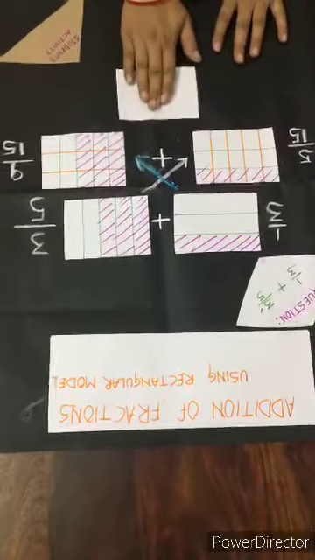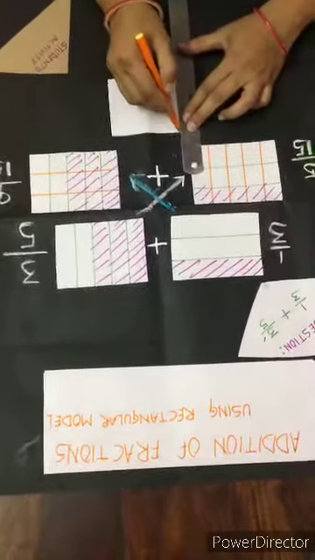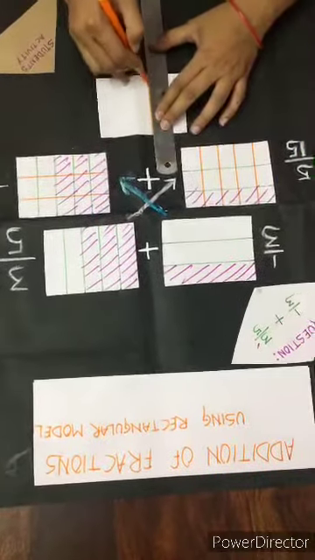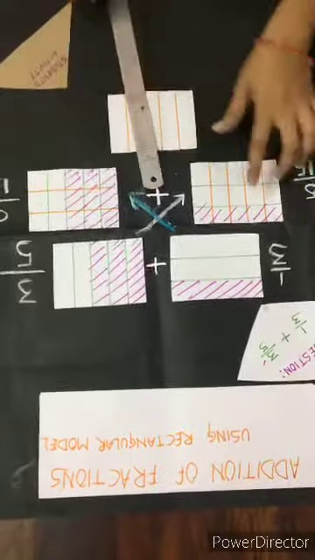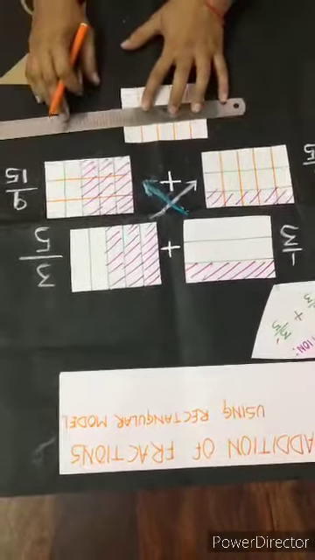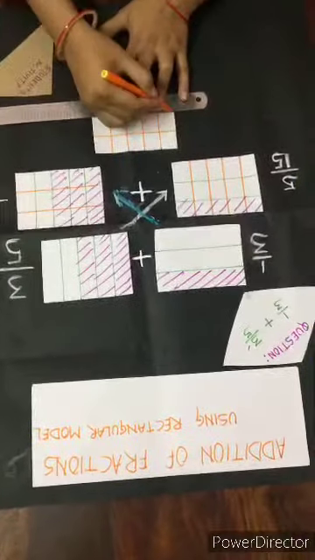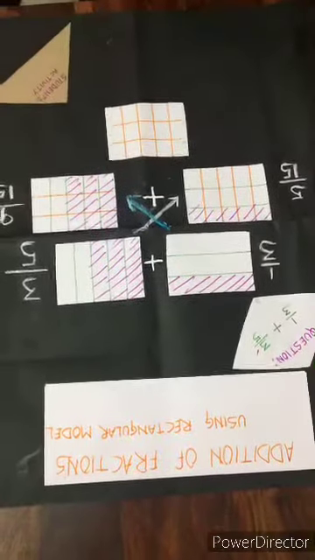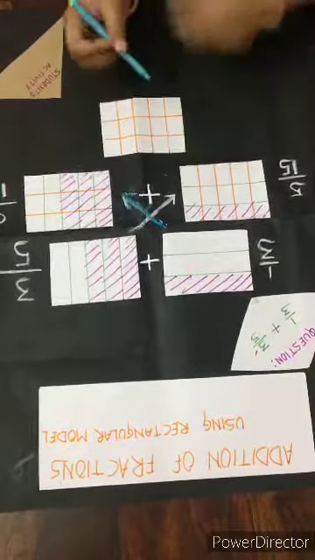So in this last figure, I will copy both the rectangles. I will draw vertical lines also. And I will draw horizontal lines also. Now I will copy the shaded part. 1, 2, 3, 4, 5. 5 parts.